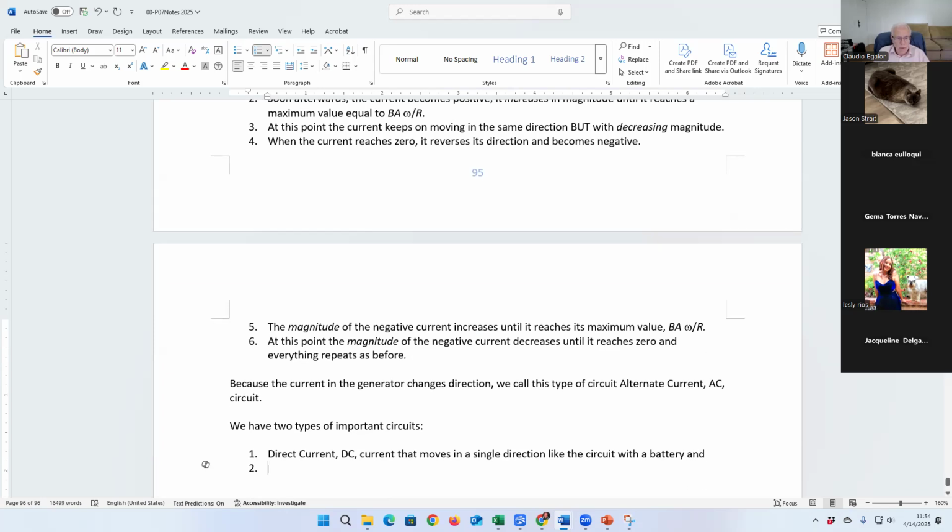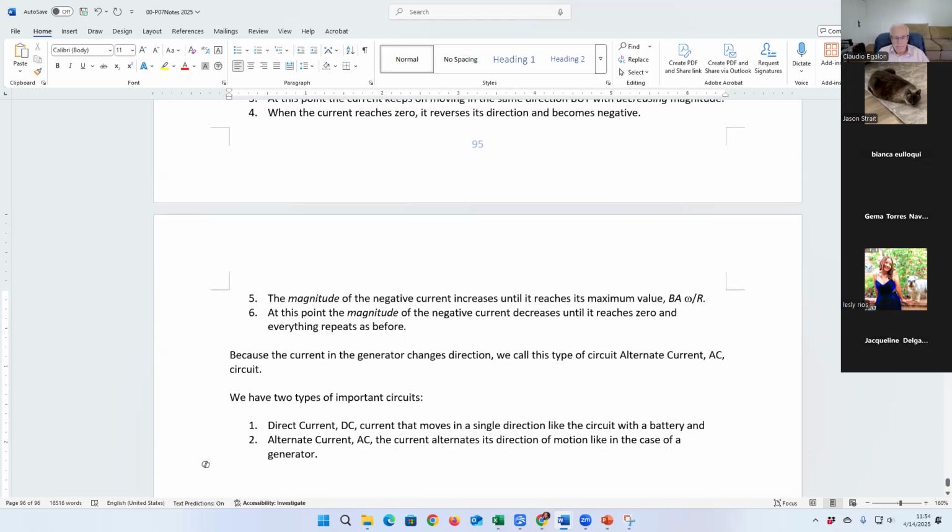And two, alternate current, AC, where the current alternates its direction of motion, like in the case of a generator.